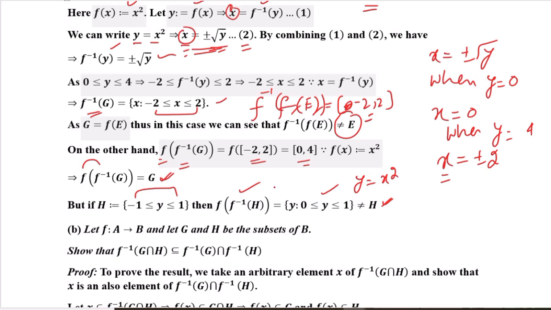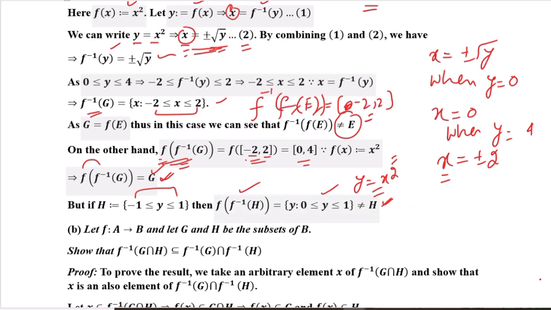So when your x is negative or positive, your y is only a single value. It maps negative and positive values to the same value. That's why in this case it is equal to G, but in this case it is not equal to set H. So it just depends on the nature of your function here.